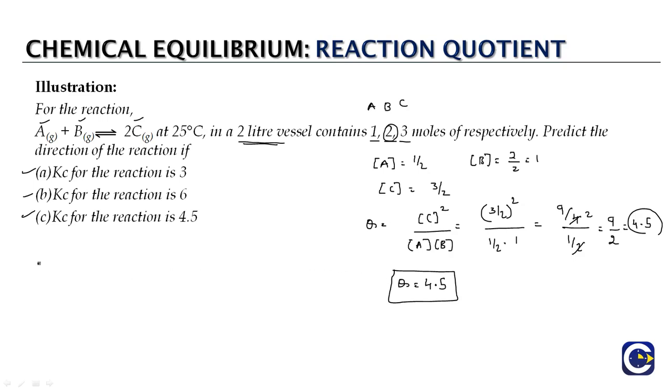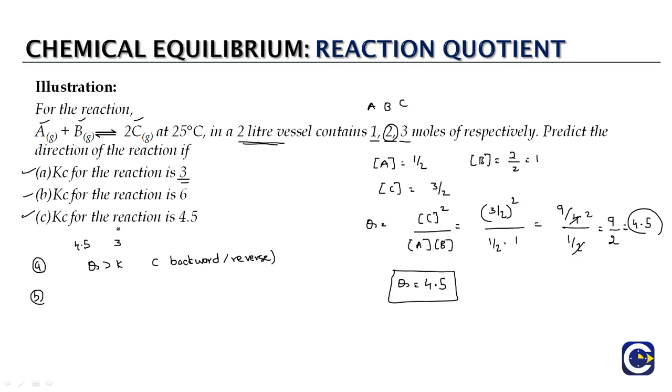Now let us come back to the three cases given. First case, Kc is given to be 3. If Kc is 3, then Q value is more than K, because Q is 4.5 and K is 3. Now if Q is more than K, then the reaction will proceed in the backward direction or the reverse direction.